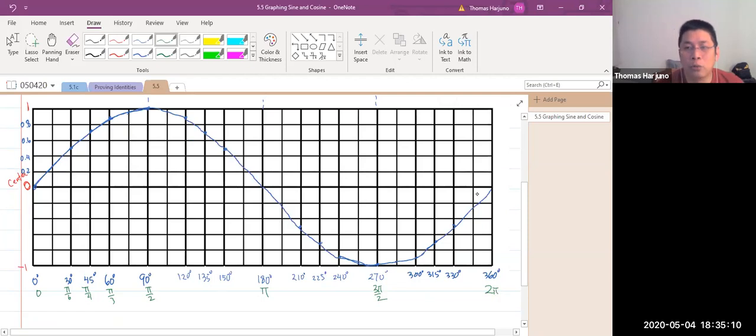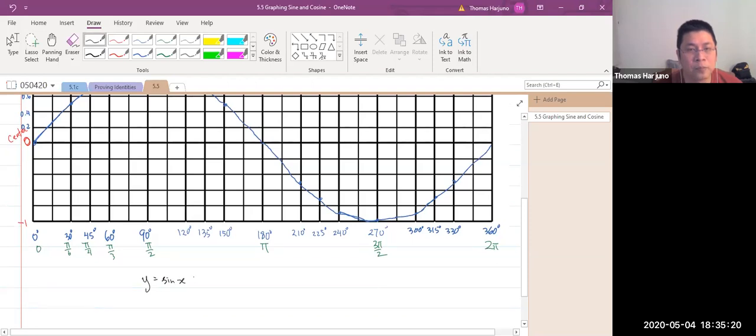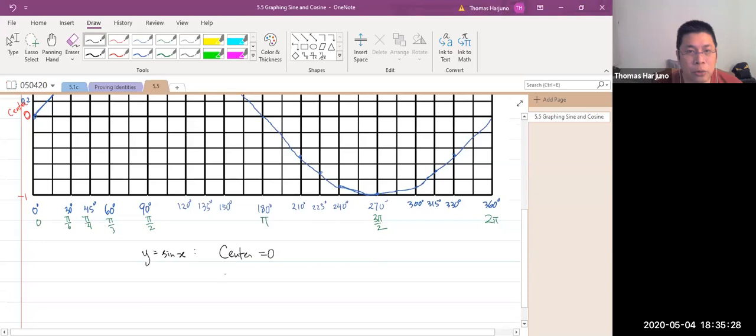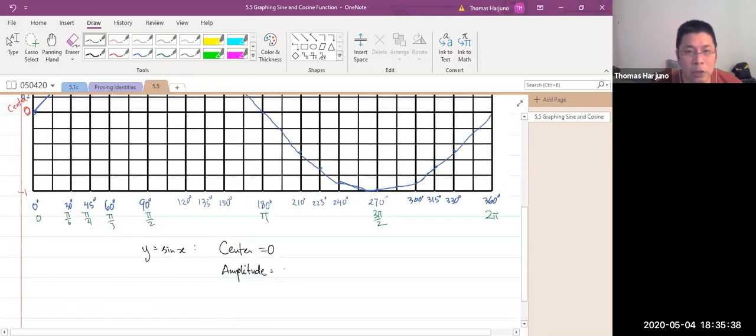But what I need you to memorize is, from that graph, I would like you to see that for y equals sine x, the center is 0. The amplitude represents how far you go up and down from the center. So the amplitude is 1. Now from there you see that the maximum will be the center plus the amplitude.